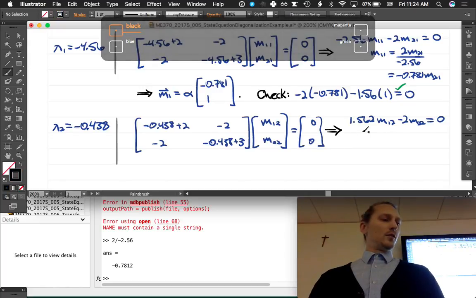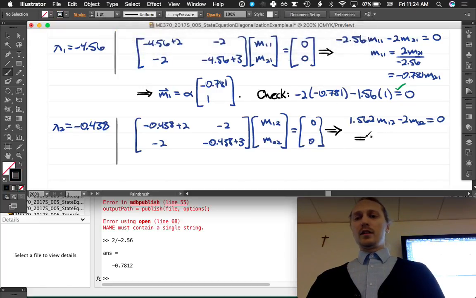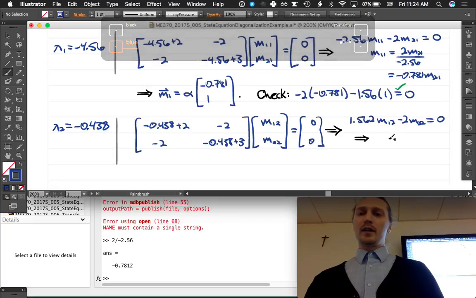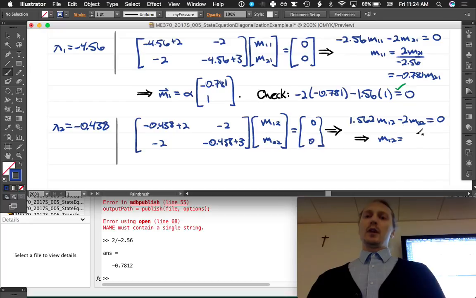So we can solve this to find that M12 is equal to 2 divided by 1.562.